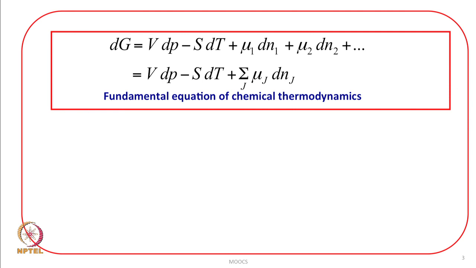And it also allows you to get information on the changes in Gibbs energy at constant pressure, at constant temperature, and when the composition only changes. The information that you need there is on chemical potential.